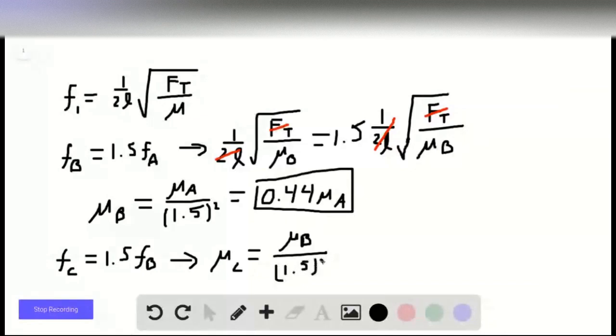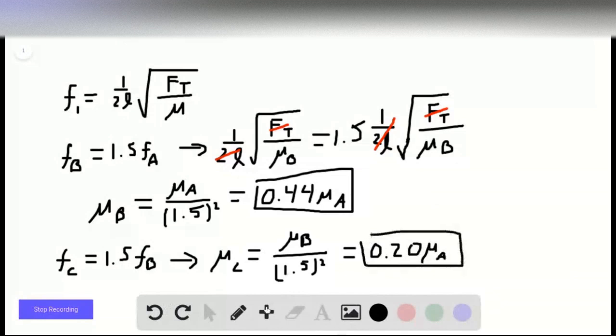But mu b was 0.44 mu a, so 0.44 divided by 1.5 squared is 0.20, and you still have the mu a. It's mu sub a. Okay, and box that in as this next solution.